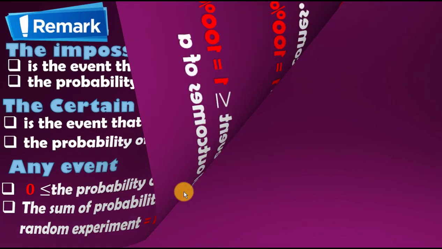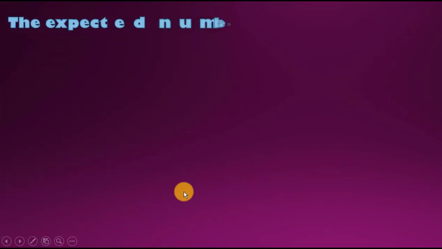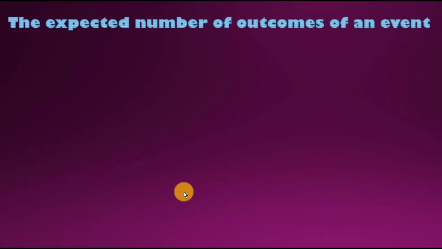Now study the expected number, which is a very important item in this year. Not all the time will he ask you to find the probability. Sometimes he will give you the probability and ask you for the expected number, by using this magic triangle.